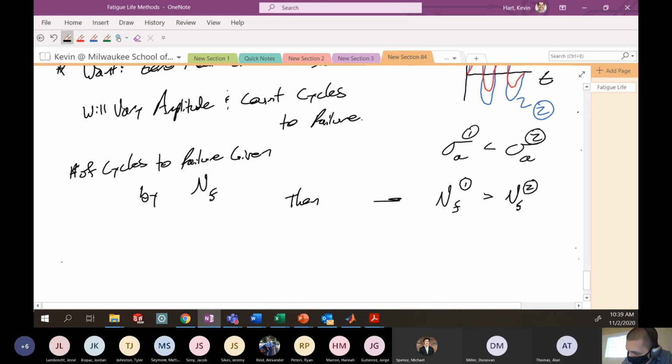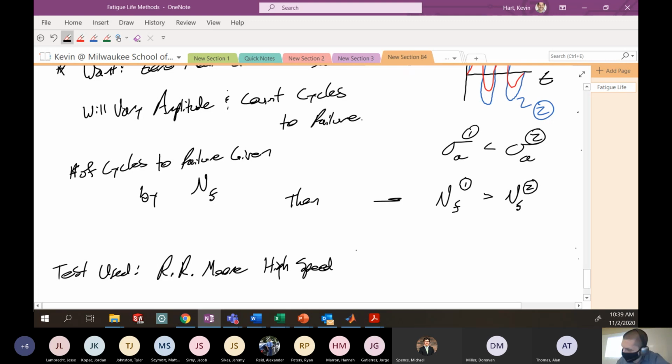The test that is used to count the number of cycles to failure is called the RR Moore high-speed test, sometimes called the high-speed rotational test, or let's just call it the rotational fatigue test.